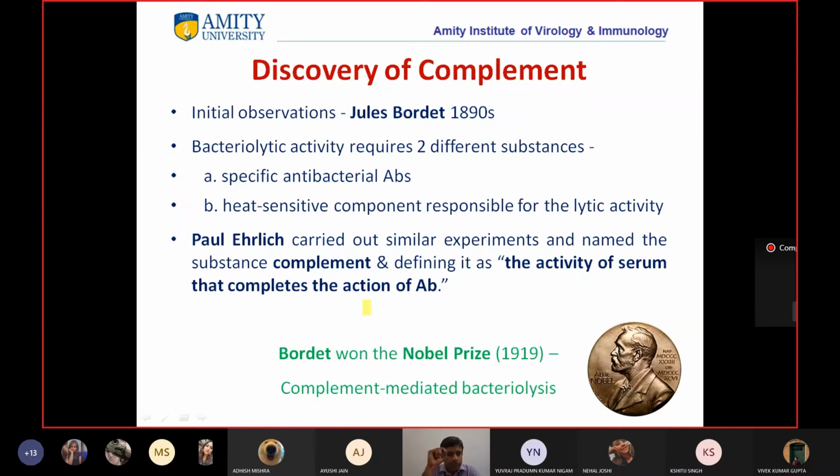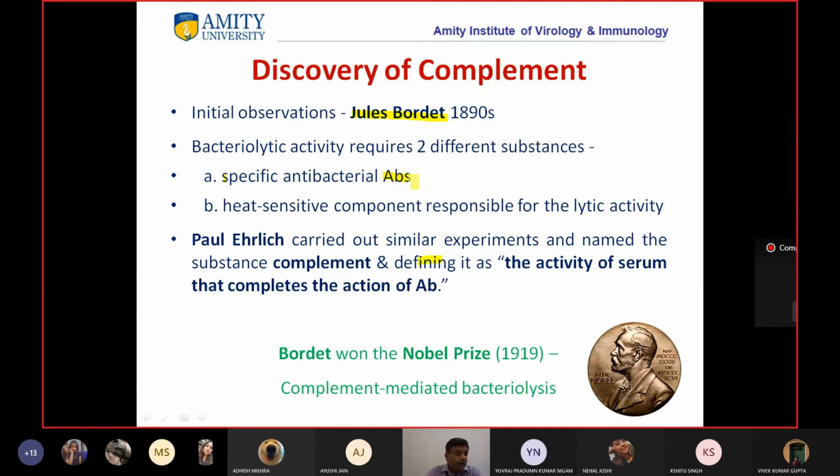One is specific antibacterial antibodies, which we have already discussed in detail.